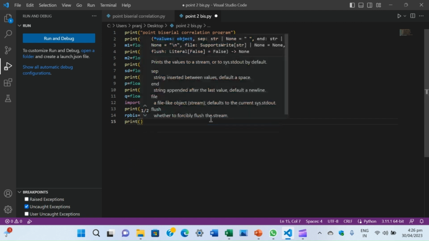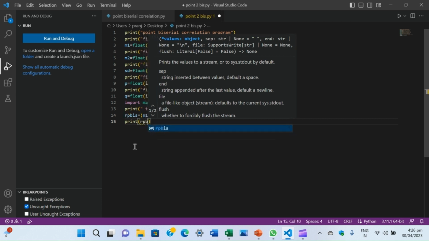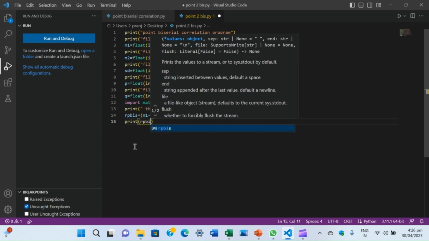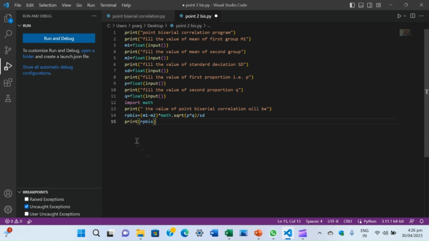So print, and the variable is rbis, pbis, which is defined in the 14th line. RBIS is equal to m1 minus m2 and into math square root pq divided by standard deviation.